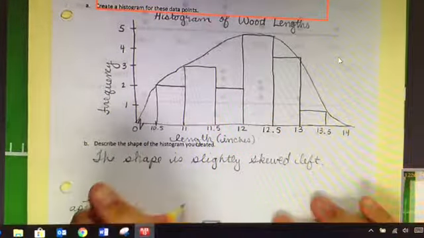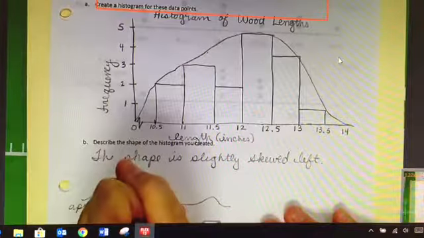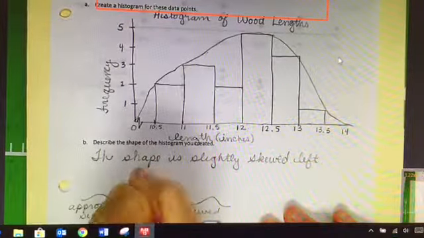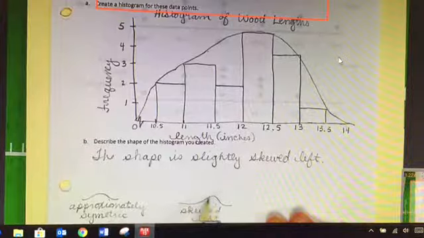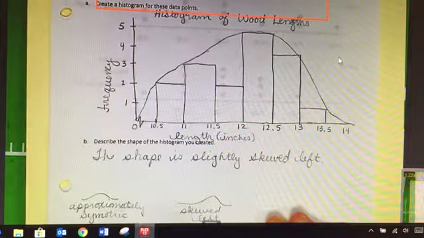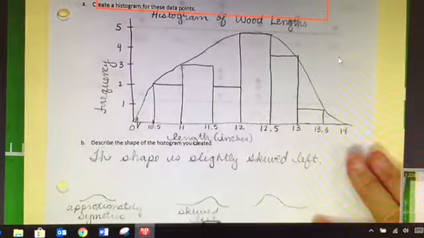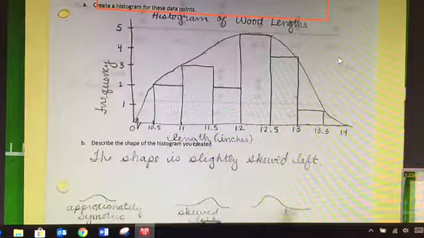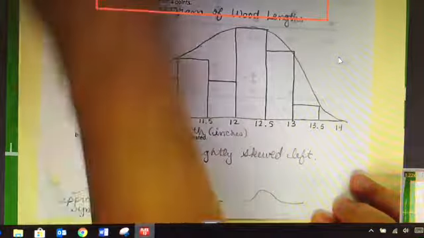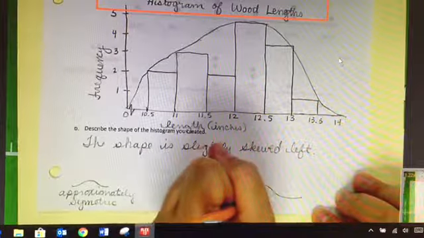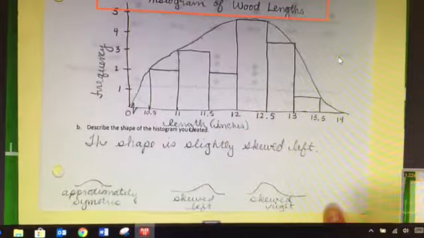This would be skewed left, because there's data to the left of that top center that makes it have this longer tail on the left. And then skewed right would look more like that. We've got some data points out here to the right of the center that skews it. Okay, so that's what the three of those look like.